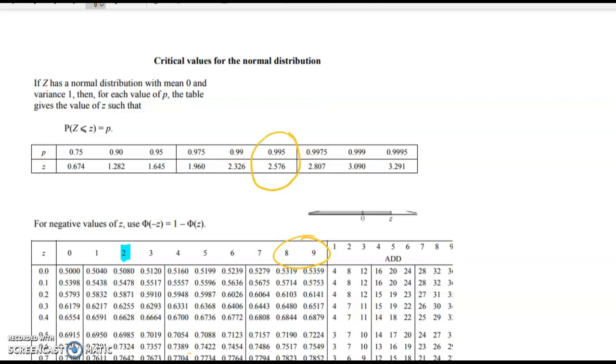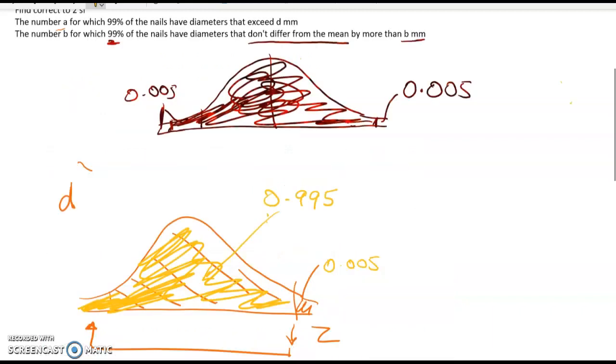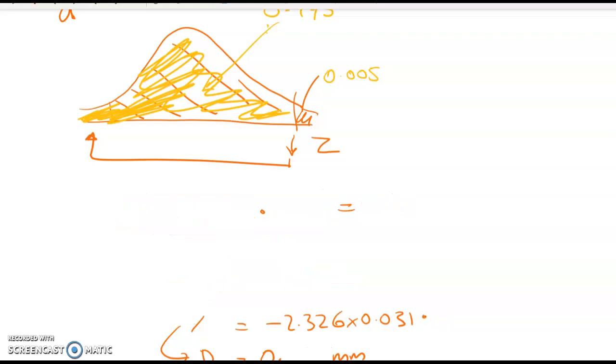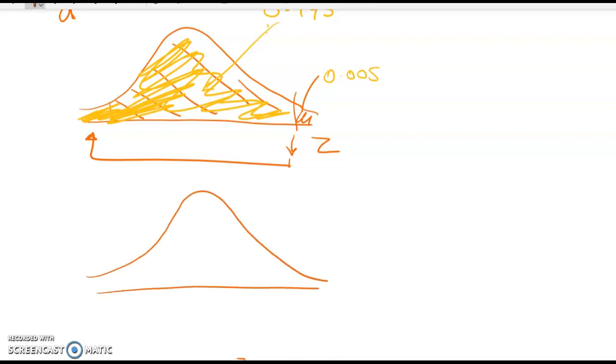So we have to be 2.576 standard deviations away, right? So if I want to enclose 99% of my probability around the mean, then I need to be, again, 2.576 standard deviations away from the mean.